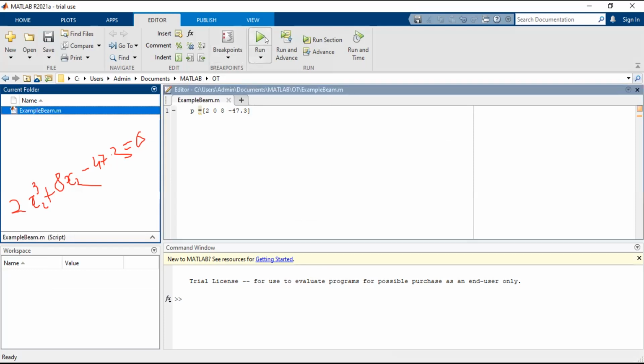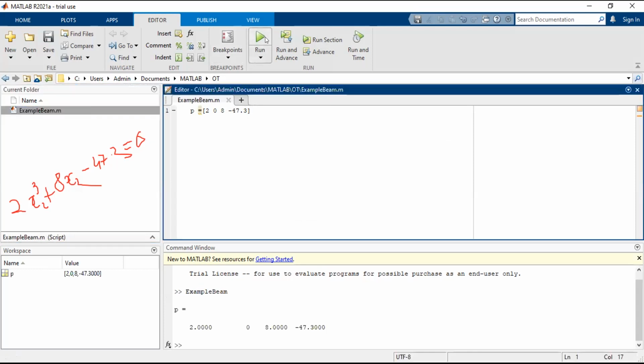Now if I run this file, in the command window you are getting p: 2, 0, 8, minus 47, right? But we want this as a root.